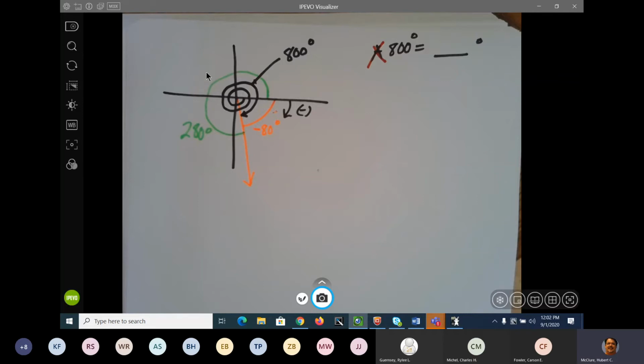The green is the reference angle, because that negative is the actual angle of negative 800 degrees. The reference angle is always the opposite sign. So if you start with a negative, your reference angle is going to be positive. If you start with a positive, your reference angle is going to be negative. It's always the opposite sign.